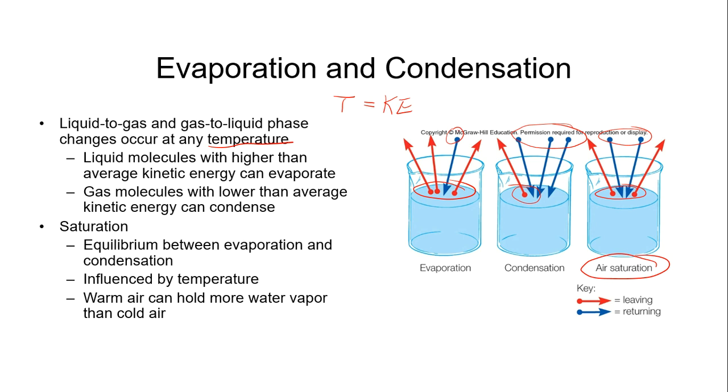That is saturation. The saturation point is influenced by temperature. If the temperature is higher, in other words, warmer air, you can hold more water vapor. Colder air temperatures mean you can't hold as much water vapor.